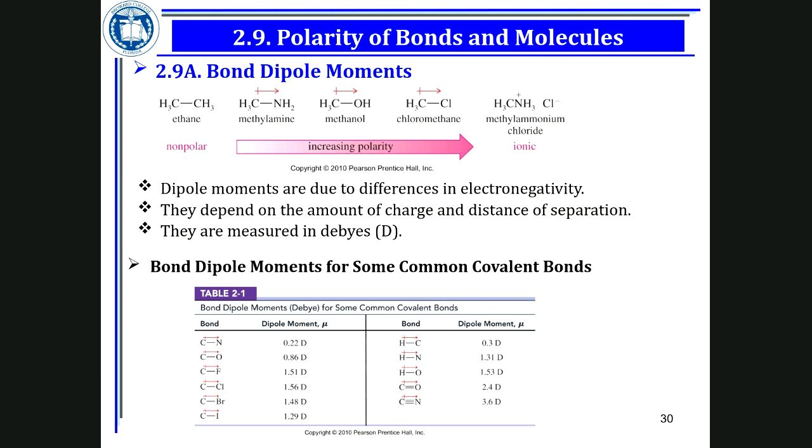If the difference in electronegativity is less than 0.5, it is going to be essentially non-polar. If it's between 0.5 and 2, it is going to be polar covalent, and if it's greater than 2, it is going to be ionic.